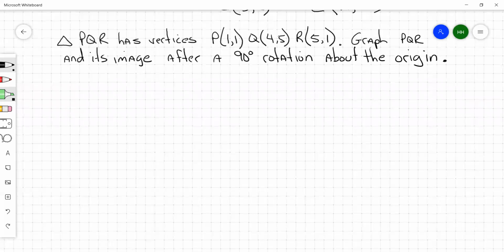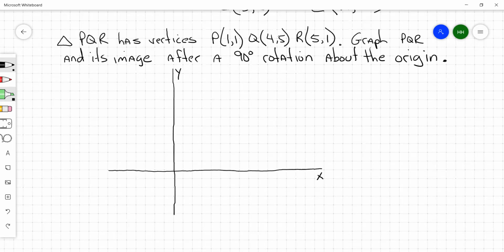Let me see if I can get a nicer graph today. These are all positive, right? So let's go here. P is at 1, 1. Here's 1, 1. There's P. Q is at 4, 5.